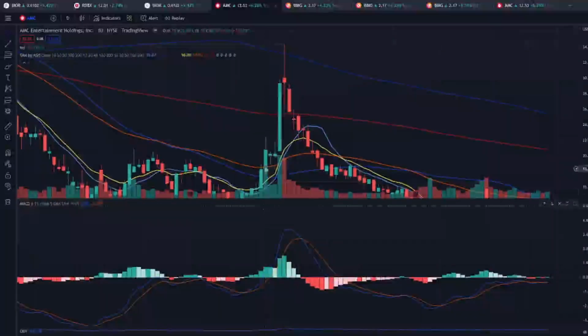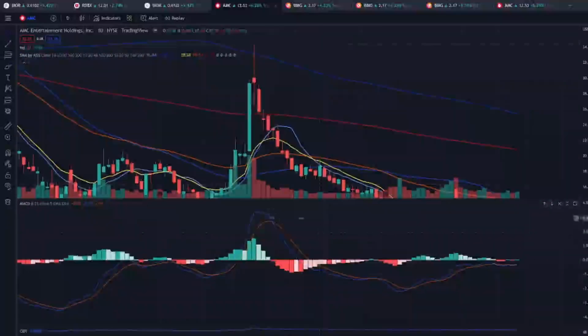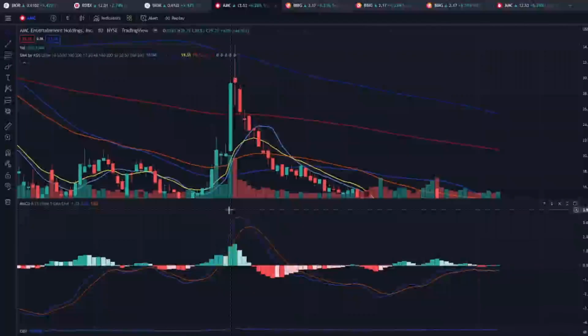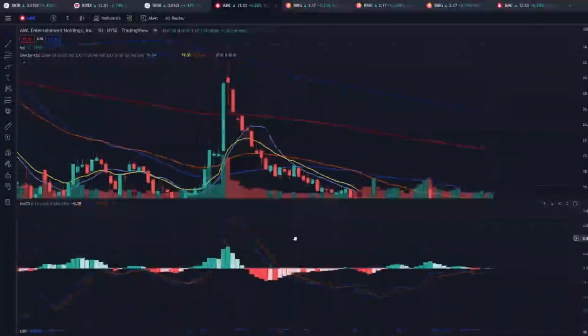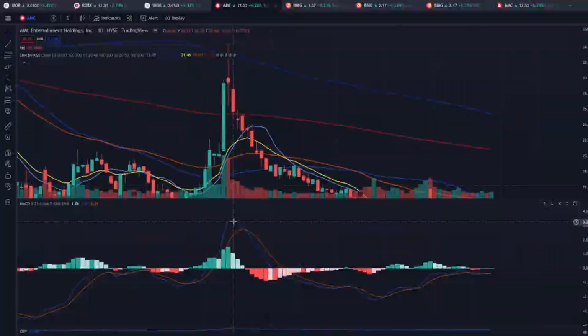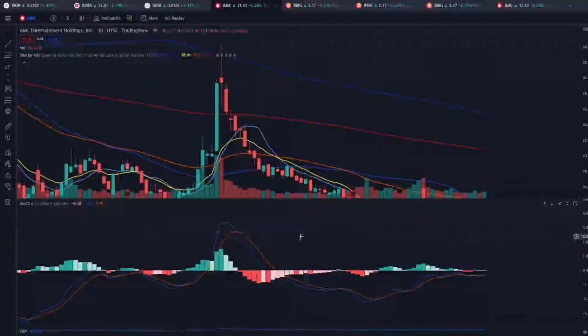Trend is broken in my eyes. Screw it, I'm out. And this would be probably a good time to go short, by the way, because this tells you that the shorter term trend is showing weakness and it's approaching a downtrend.